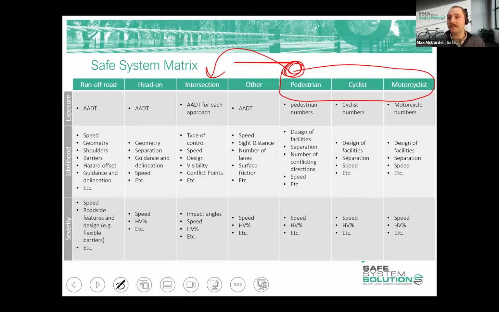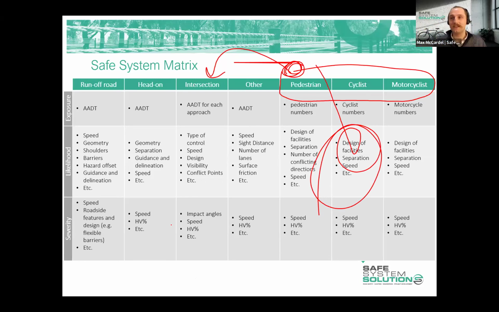Same as if a cyclist is hit at an intersection, we would define that as a cyclist risk. So we would put it in this category. Same for motorcyclists as well. So that's a good point to reference. We need to always separate our vulnerable road users and treat them separately because of that different impact speed compared to vehicle impact speeds.